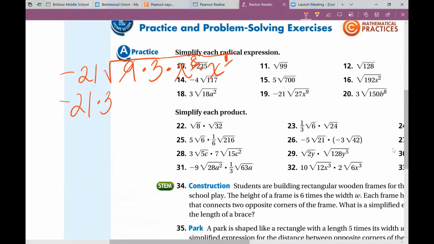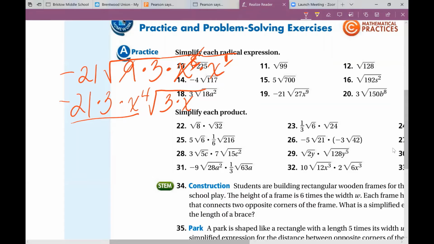If I am looking at x to the 8th and I had 8 shoes in front of me, assuming that they all had a match, that would be 4 pairs of shoes. And if I have one shoe in front of me, then there's no way that has a pair. It doesn't have a match. So here is what I could take the square root of. And I'm going to write down what I couldn't take the square root of, which was 3 and the x.